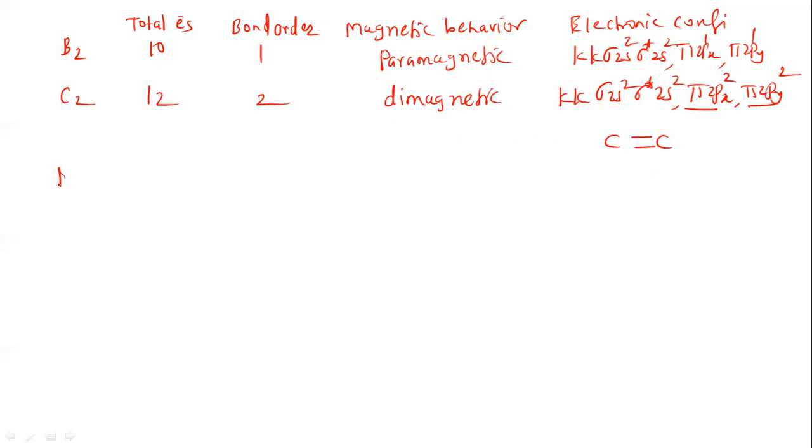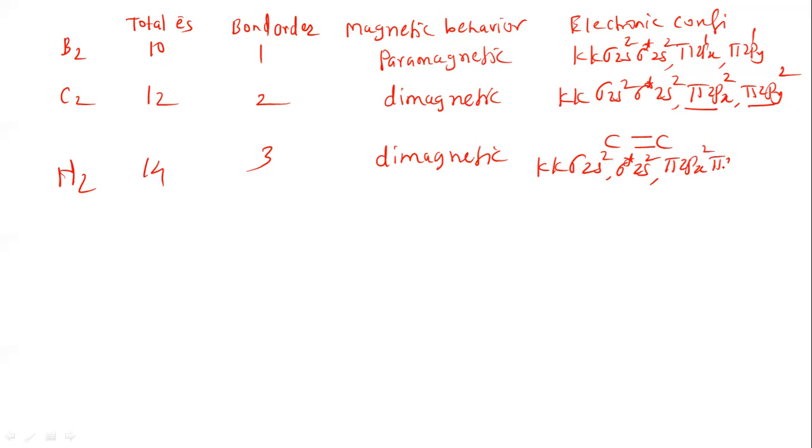Next molecule, nitrogen molecule. Total number of electrons is equal to 14. Bond order is 3. It is diamagnetic. The nitrogen molecule is also a diamagnetic molecule. And its electronic configuration is K, sigma 2s2, sigma star 2s2, pi 2px 2, pi 2py 2 and sigma 2pz 2.